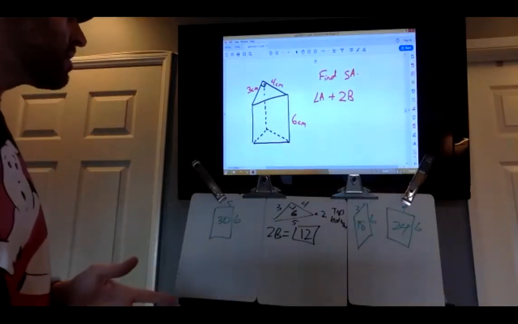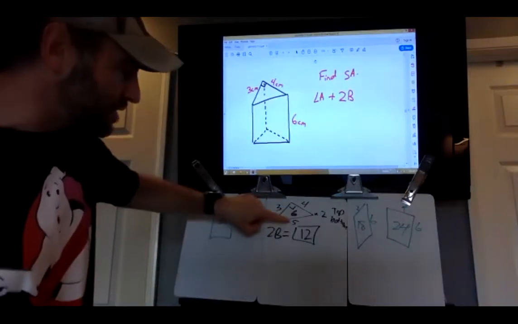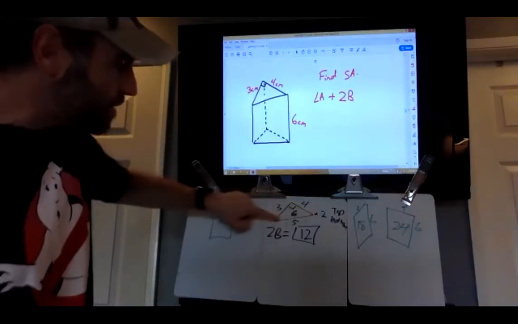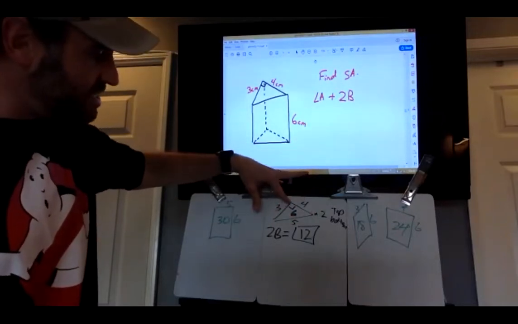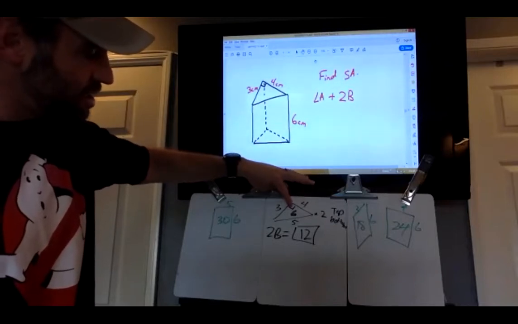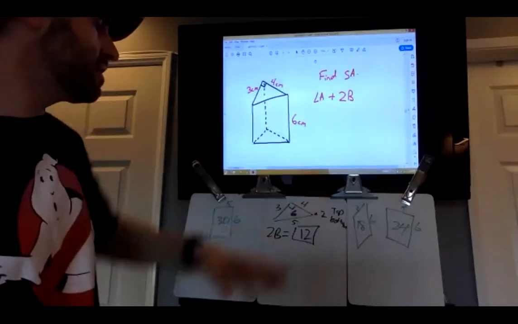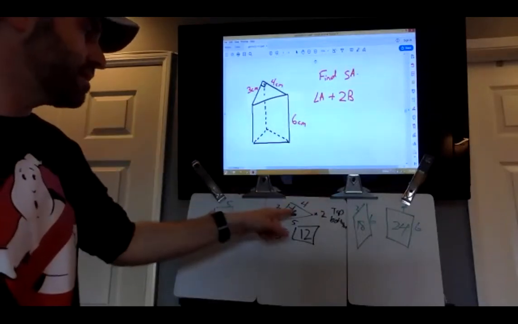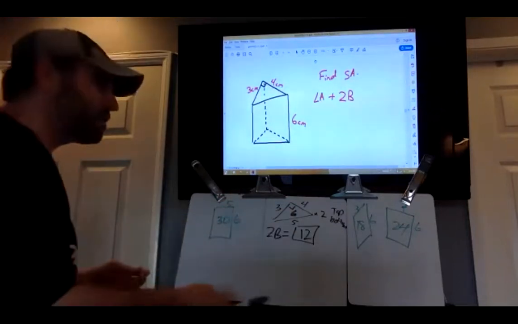No, well, area of the base. This is the area of the base. This 5 is this length, but that's the hypotenuse. To find the area here, it's 3 times 4. It's where the right angle is, Daniel. See it? Okay. So the 3 and the 4 make up the base and height of that triangle. And then I do half the base times the height. But then there's two of them, right? Bases.